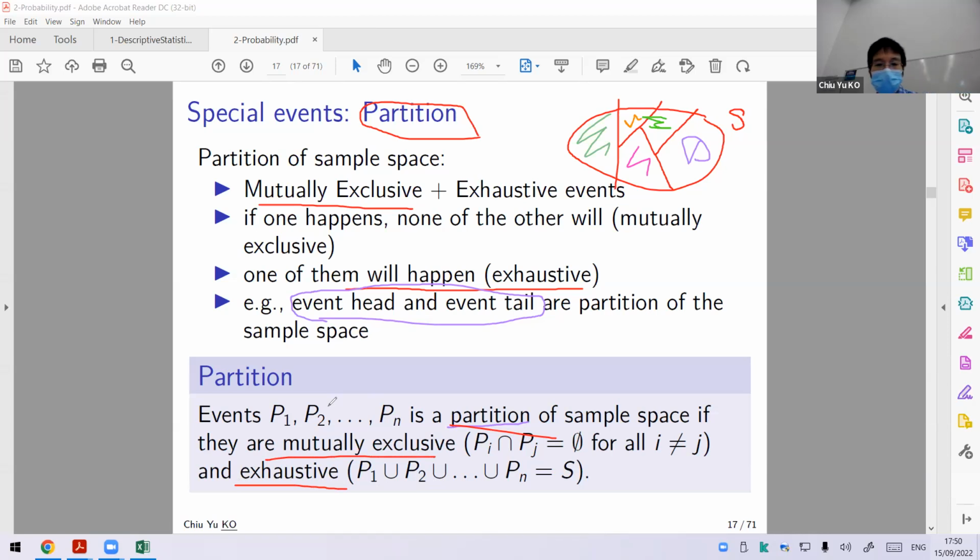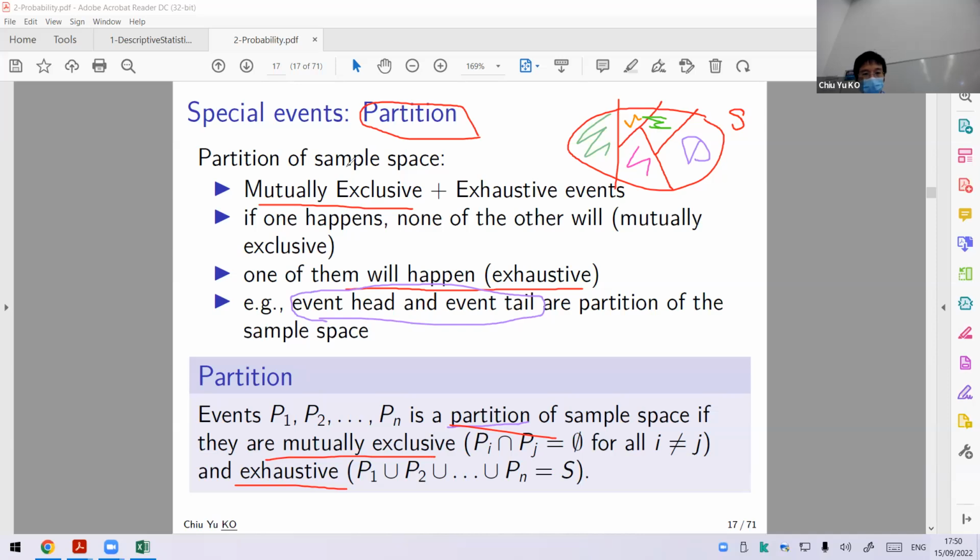It is because when you look at something that might happen, you want to partition the sample space and then investigate part by part. It's just the divide and conquer idea, because looking at the whole problem is very complicated. So usually you partition the sample space into multiple parts and investigate things one by one.